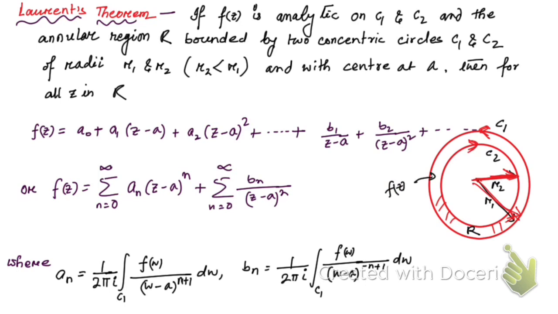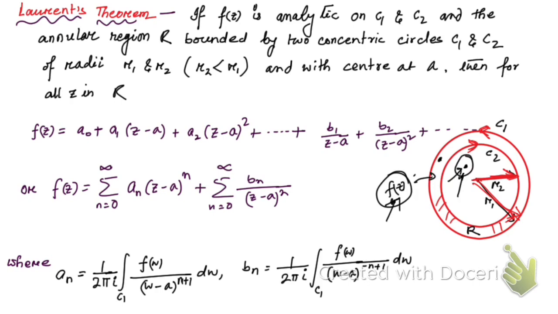Suppose we have to expand this function about a point which is not in this region where the function is analytic. If a point is inside both the circles, here this function is not analytic.